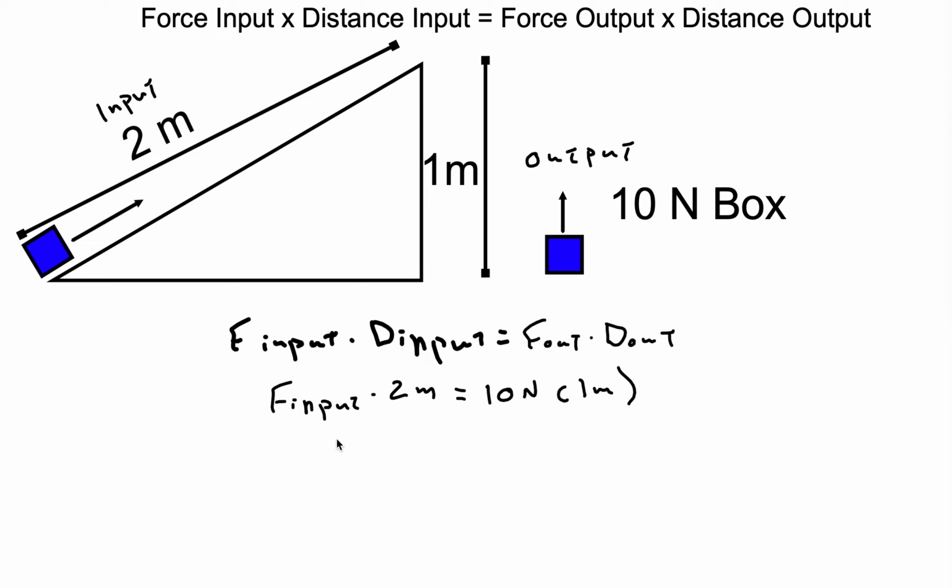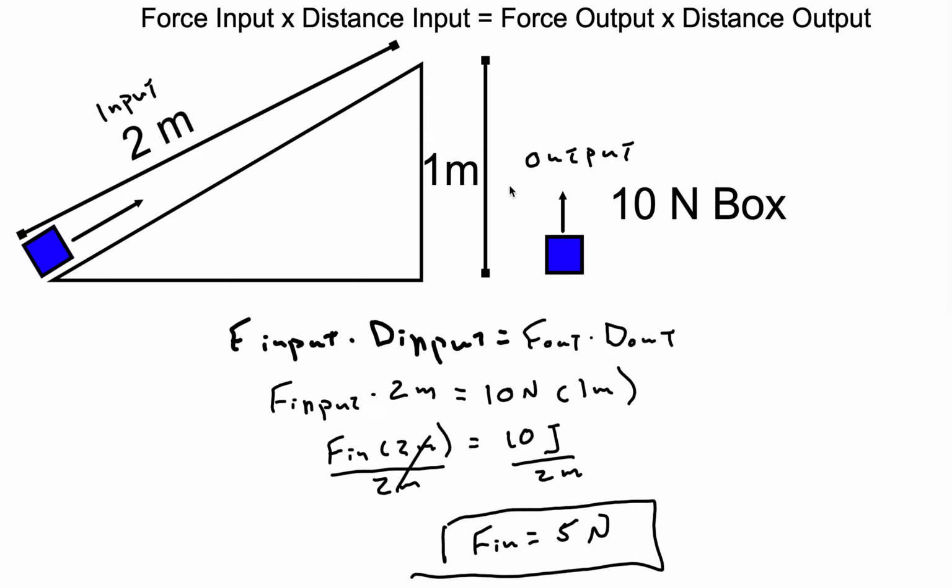All right, so now I have force in times 2 equals 10 times 1. You guys know that's 10, right? And then how would I get rid of the 2? It's being multiplied, so I would divide. Those go away, and the input force would be 5 newtons.